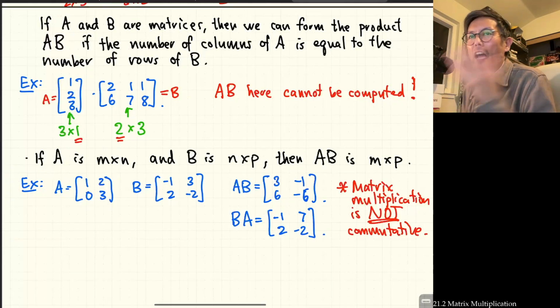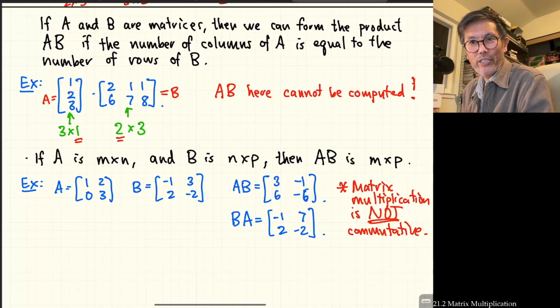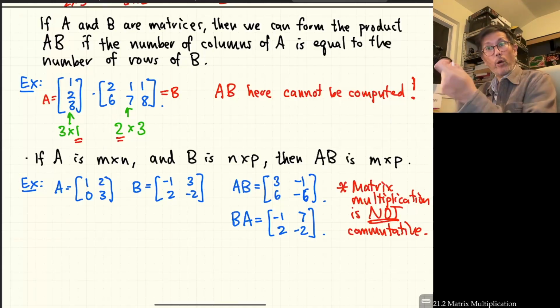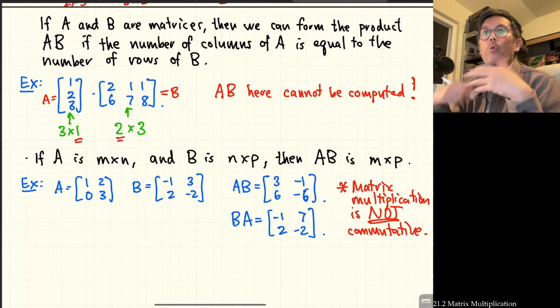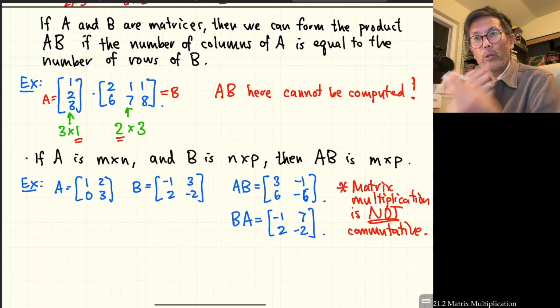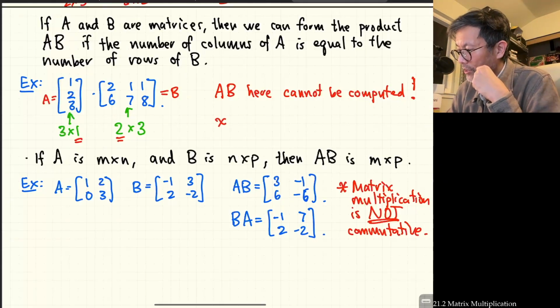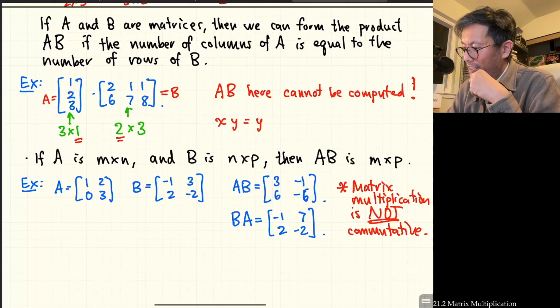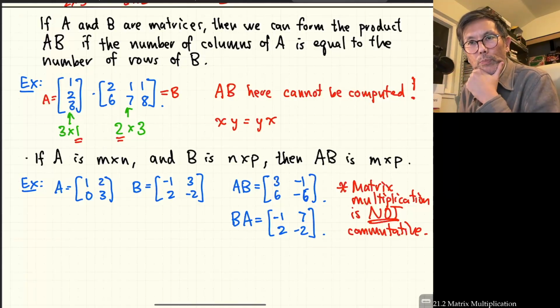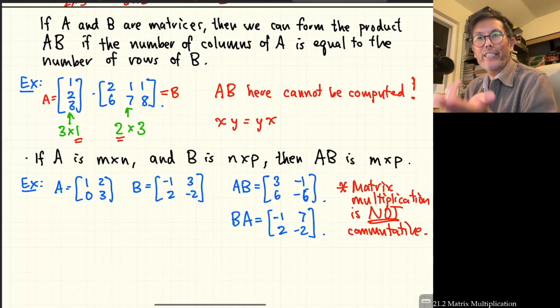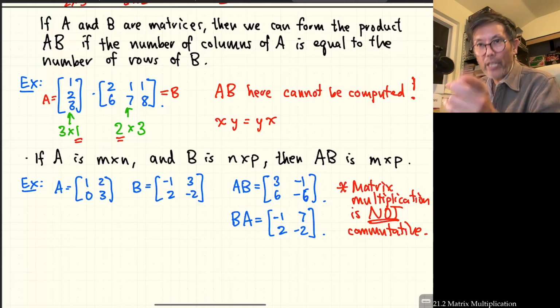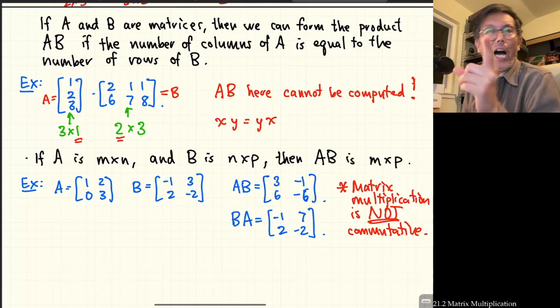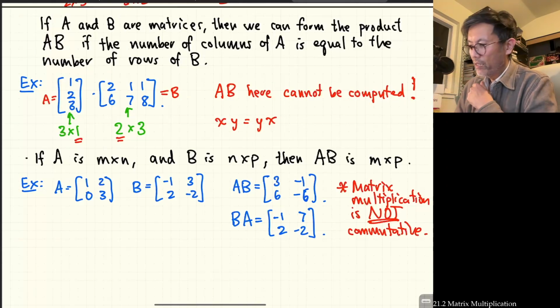It's important for everything. What do I mean by commutative? Real number multiplication is commutative. If you have two real numbers, x and y, it doesn't matter what order you multiply them in. x times y is equal to y times x. Not so with matrices. A times B is not necessarily the same thing as B times A. Okay?